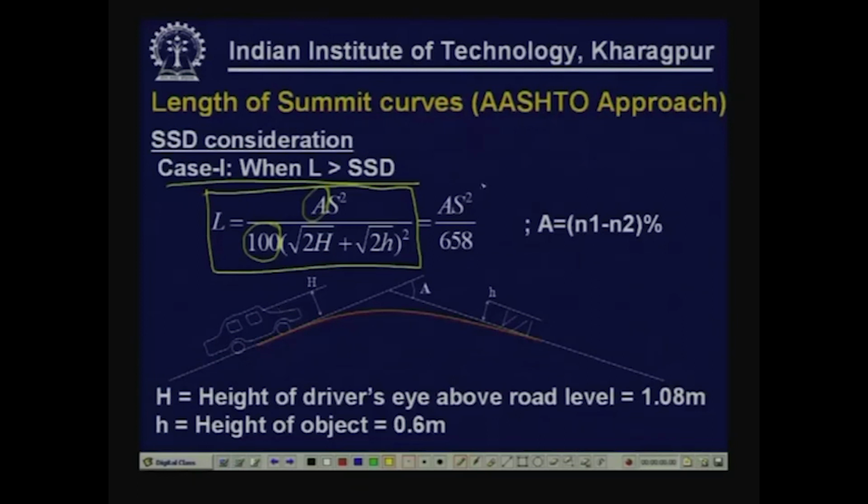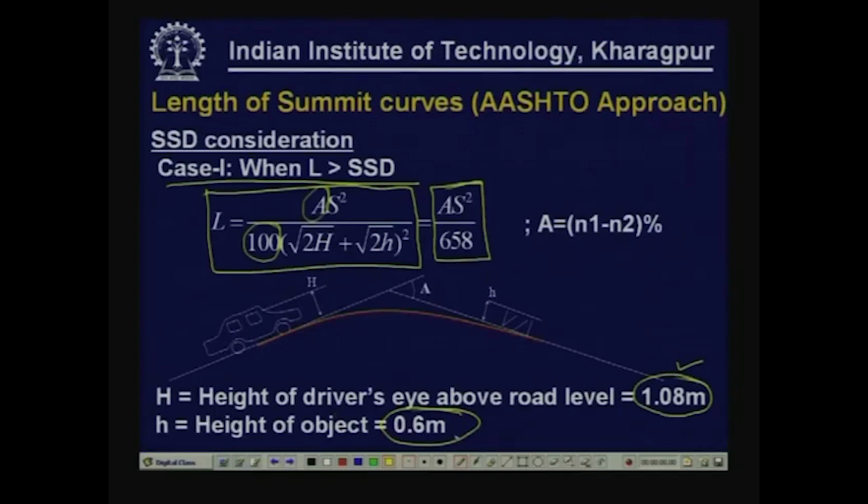Now, the final form A square by 658 looks apparently different from what we indicated in terms of the IRC approach, but in this case the value of capital H, that is height of driver's eye above road surface, as per AASHTO it is 1.08, in IRC it was 1.2, and height of object is 0.6 meter, as per IRC it was taken as 0.15 meter.